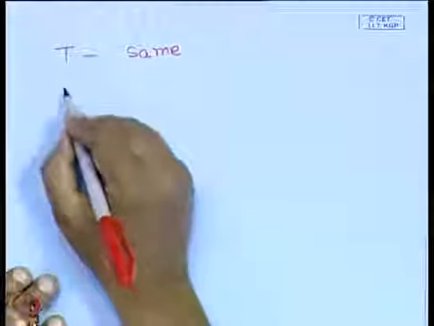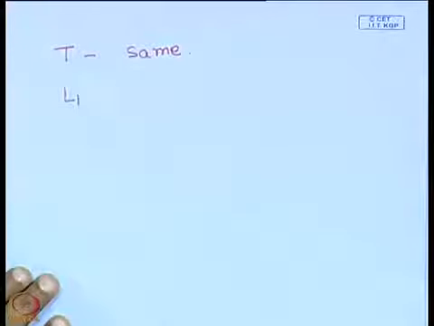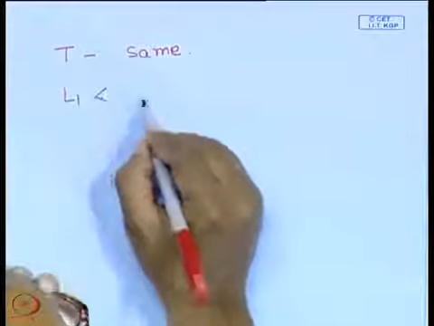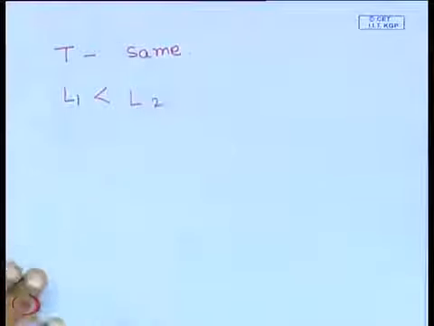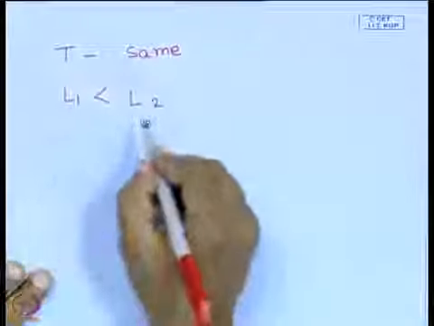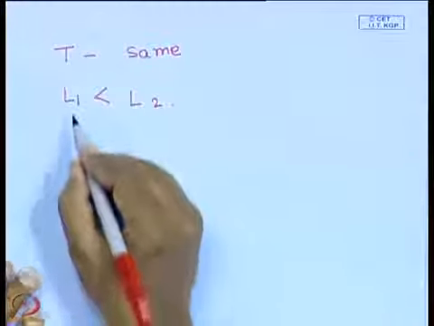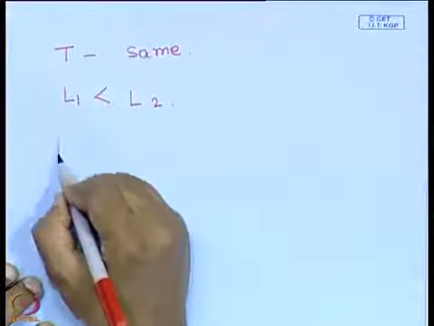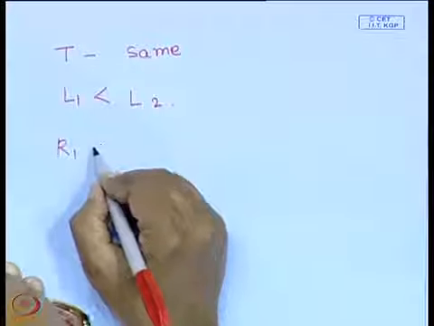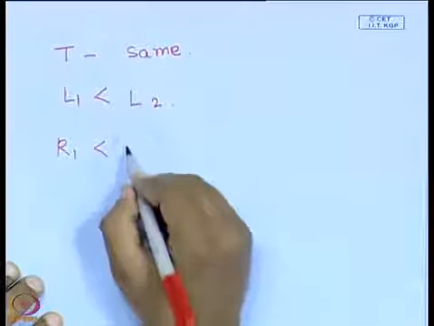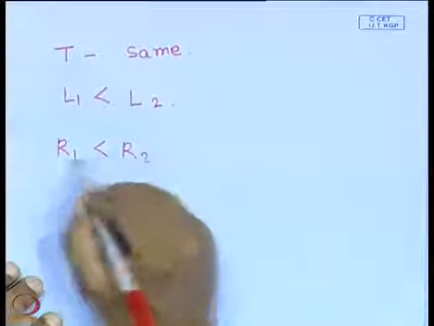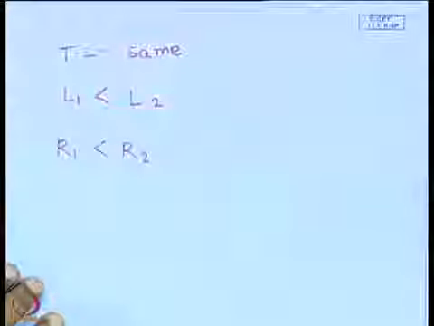One of them, L1, has a luminosity which is much less than the luminosity of the second star. Then you would conclude that the radius of the first star is much smaller than the radius of the second star. Okay.